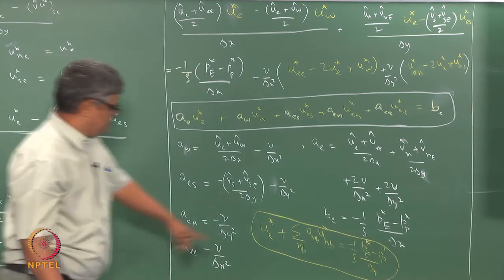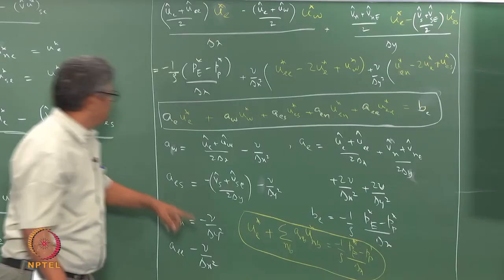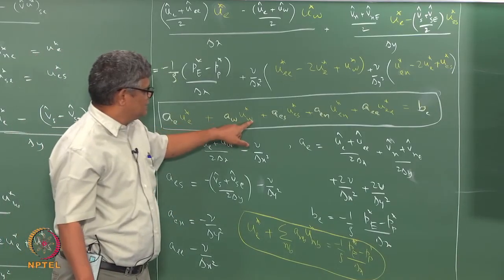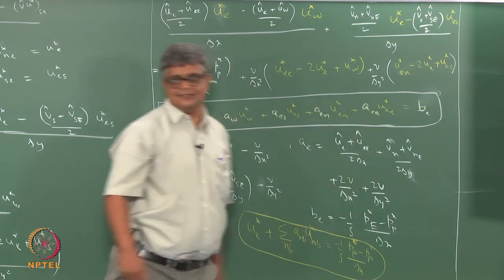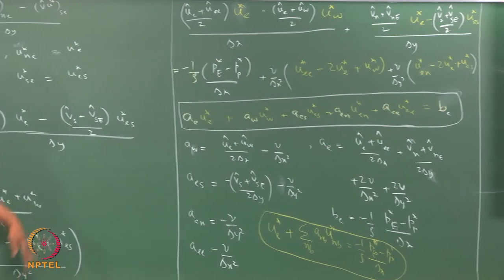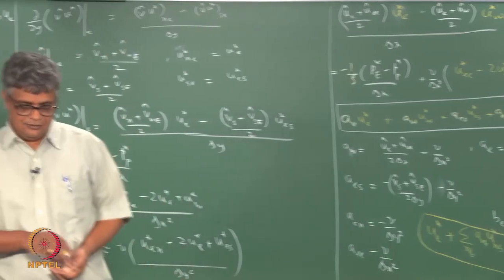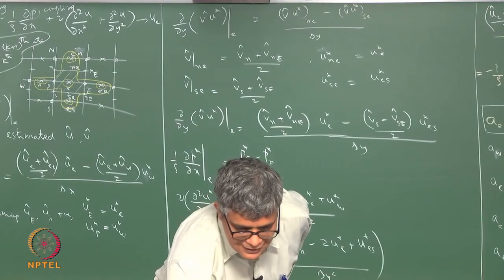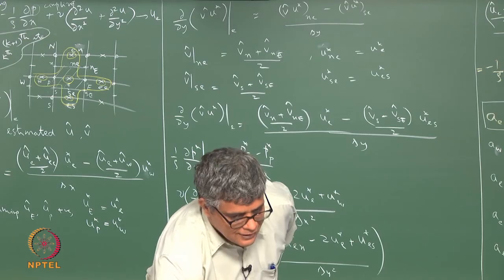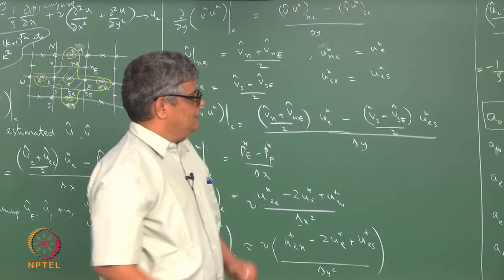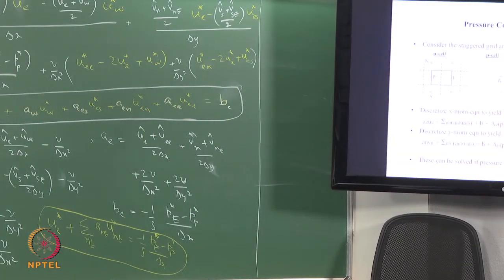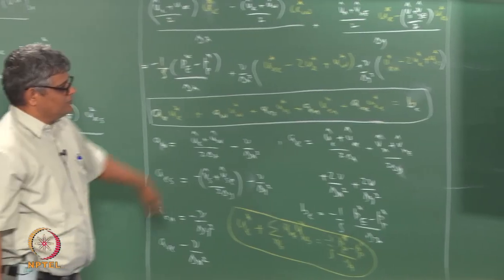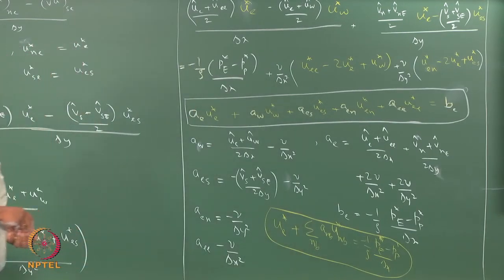Where the neighboring points are the neighboring points for E, which happen to be the west side, east south, east north, and east east. And so coming back to this here, that is what we have written here, and we have the coefficients, and the corresponding coefficients can be written in this particular way.